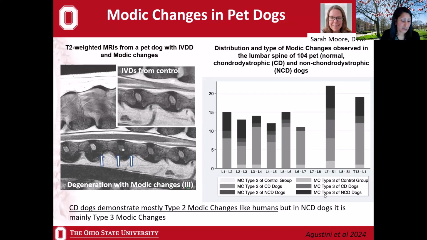What's really interesting is that type 2 Modic changes are the most prevalent in humans. So it suggests that the chondrodystrophic dog has Modic changes similar to humans, but in the non-chondrodystrophic population, it's mainly type 3. This further highlights the similarities with the human condition and the importance of this model.